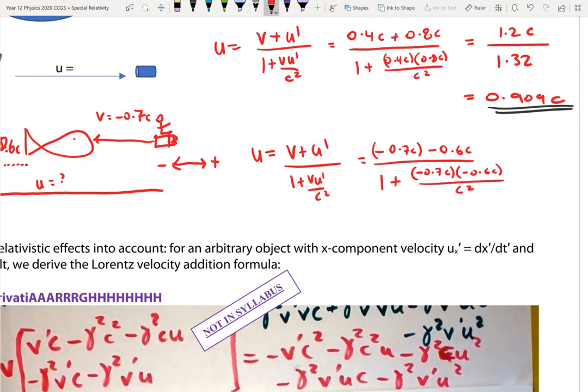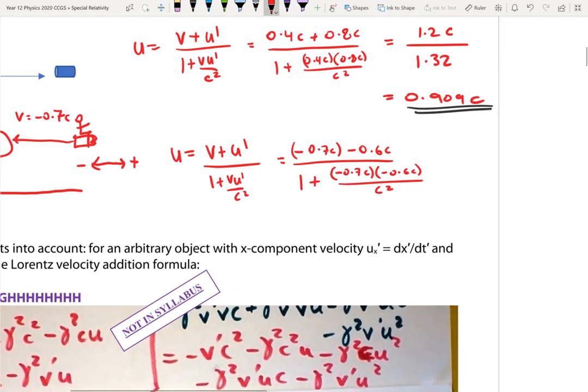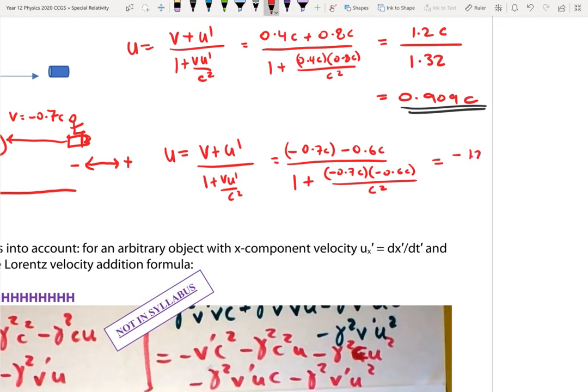It doesn't matter that we assigned left as negative, since they're both traveling in the same direction, you get a cancel. So you end up with, let's just redo one step, negative 1.2c over positive 1.32. So you get negative 0.909c. You get exactly the same magnitude, but the completely opposite direction.